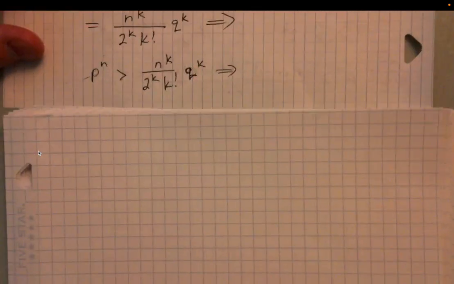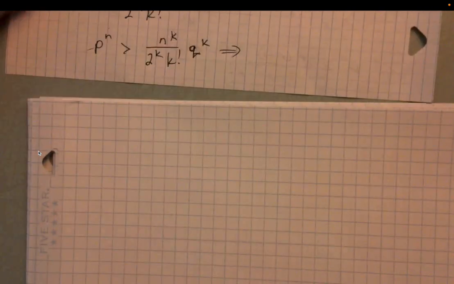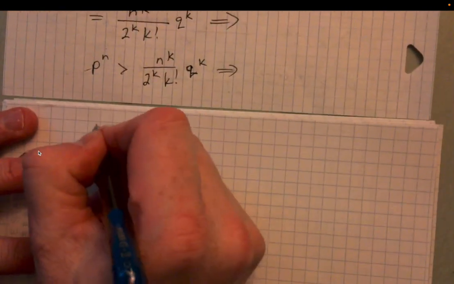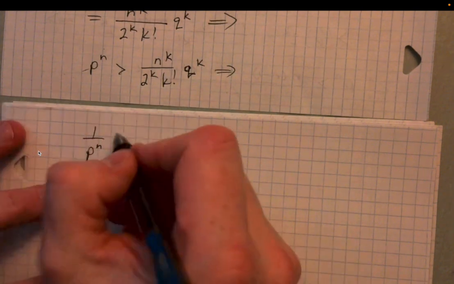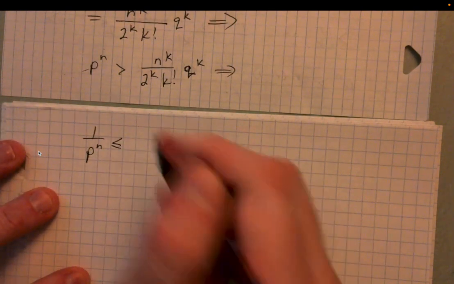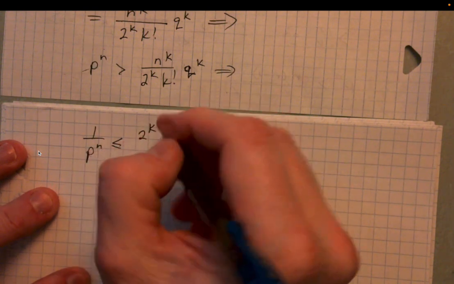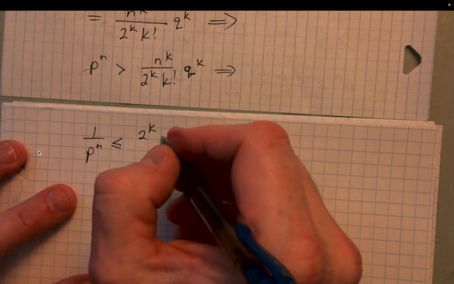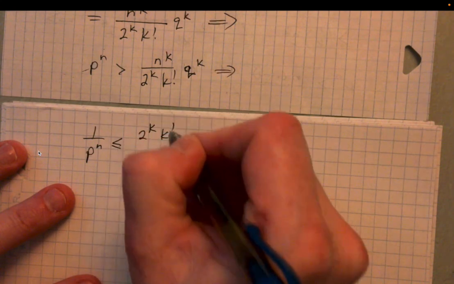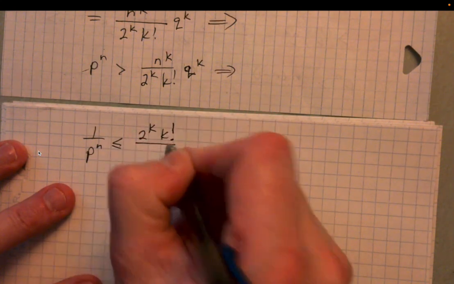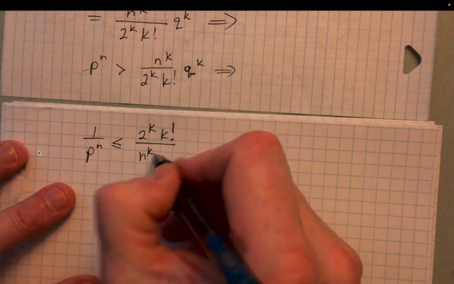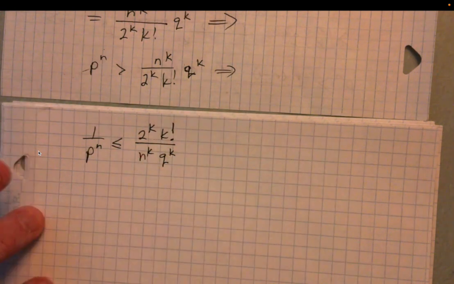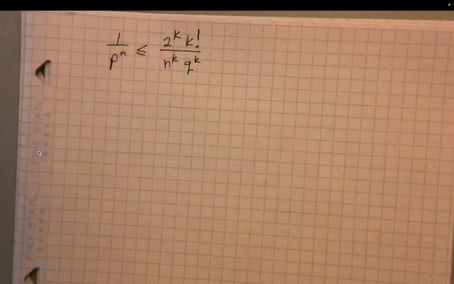The implication would be that 1 over p to the nth power is less than or equal to 2 to the k times k factorial over n to the k times q to the k. So that's the reciprocal.